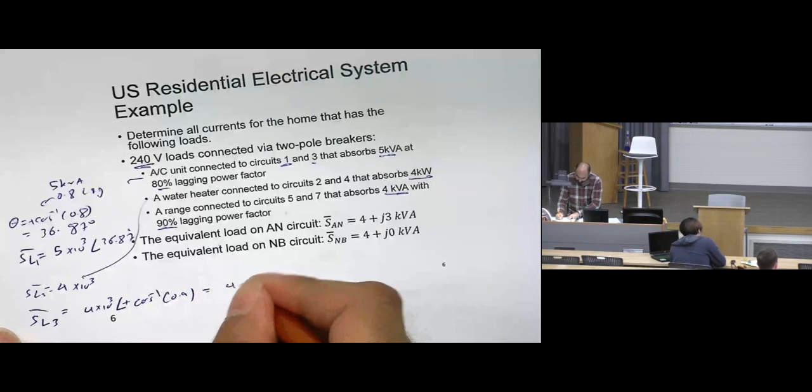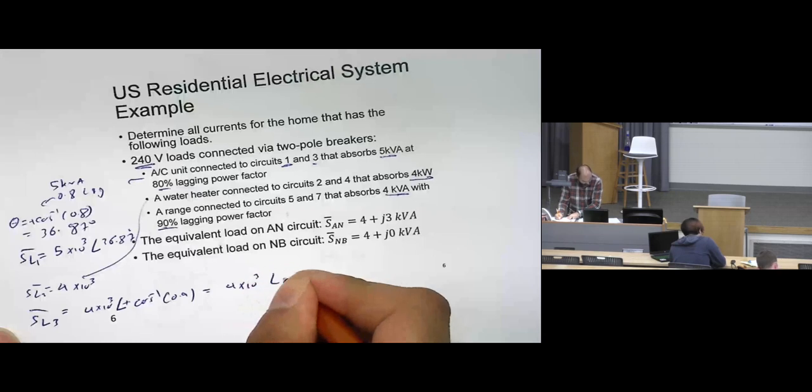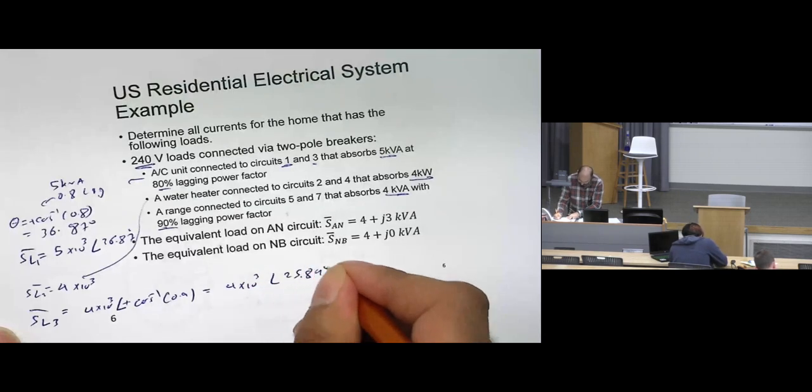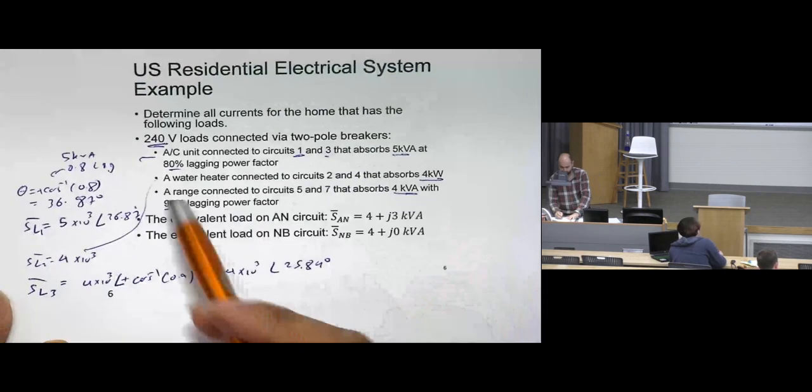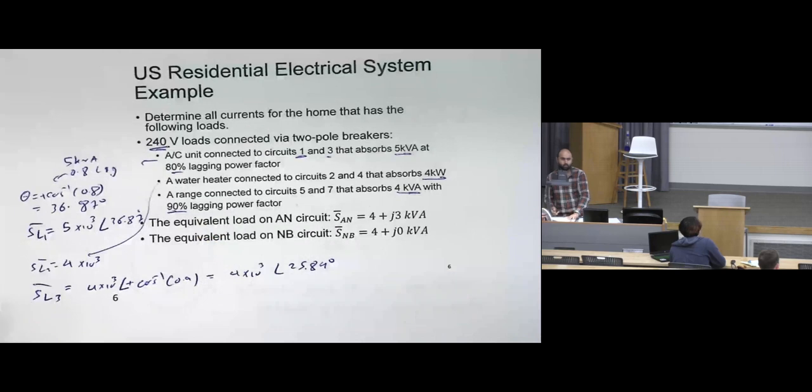So it will be 4 times 10 to the power 3, angle 25.84 degrees. I want everyone to look at the given information and learn how to get the complex number from it.